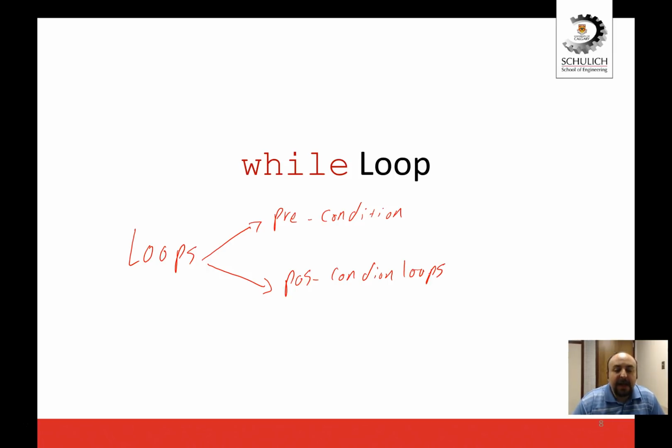A postcondition loop goes into its block and checks for a condition at the end.